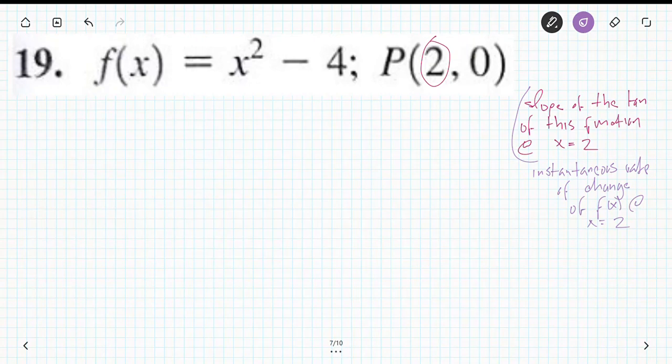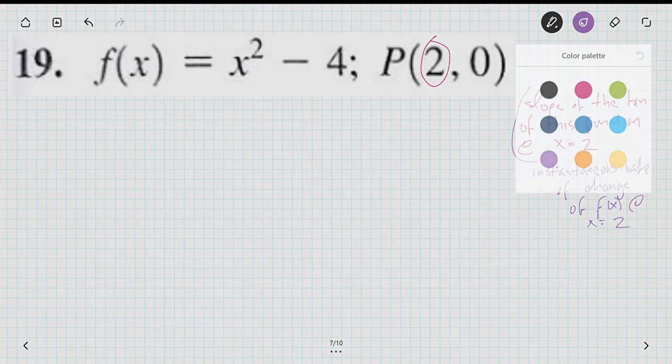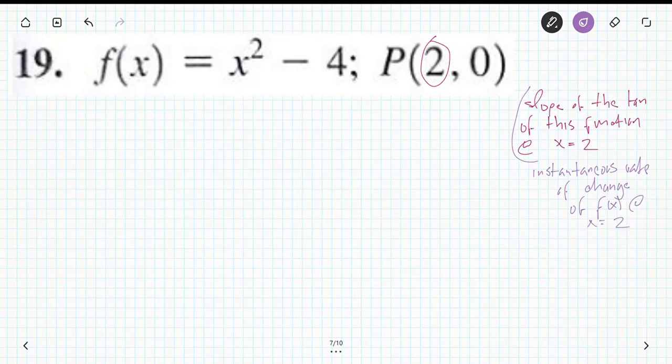We're going to go ahead and rewrite our formal definition of the derivative, right? So we said that the derivative of f of x is going to be the limit as h approaches 0 of f of x plus h minus f of x over h. Okay, and so we need to evaluate what our function is when you input x plus h.